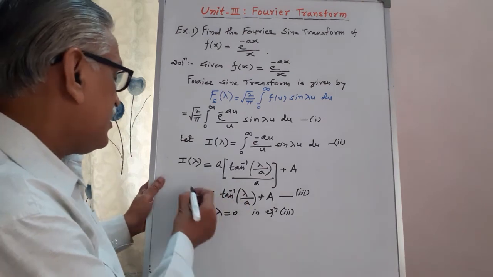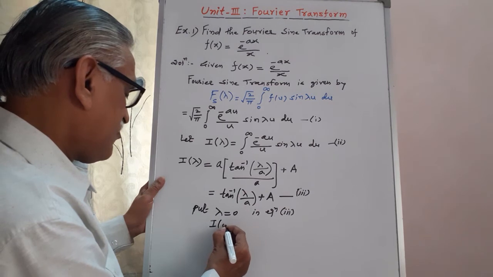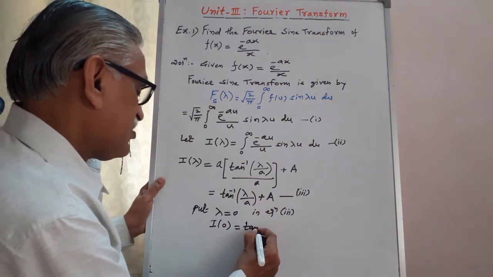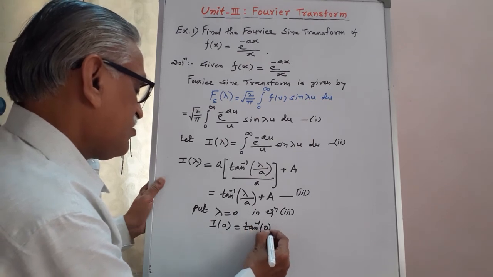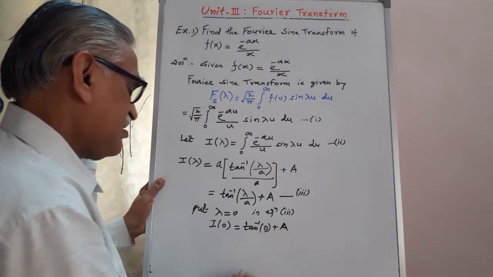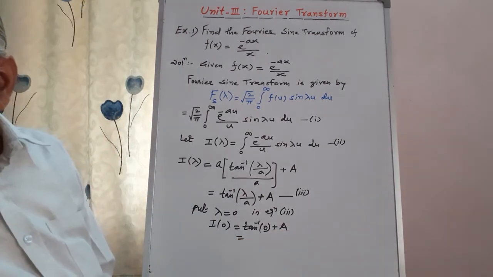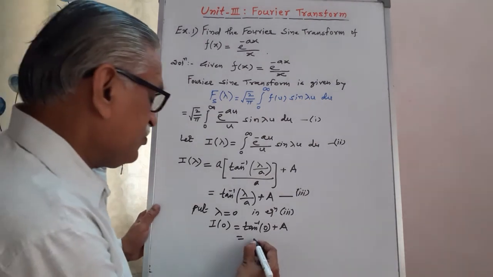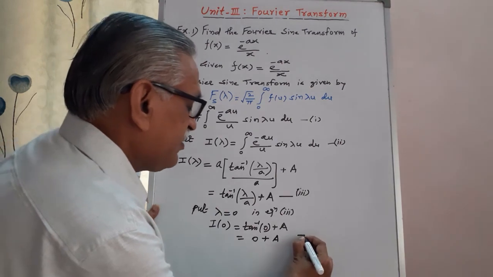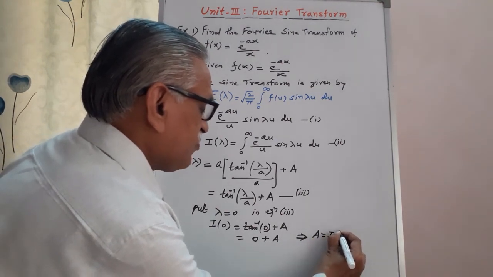We get I of 0 is equals to tan inverse of 0 plus A, the value of tan inverse 0 is 0, plus A, and therefore it implies we get A is equals to I of 0.